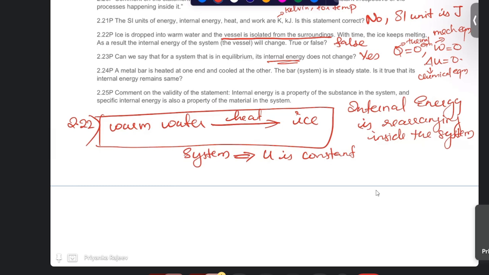A metal bar is heated at one end and cooled at the other. The bar system is in steady state. Is it true that its internal energy remains same? Yes, internal energy remains same.